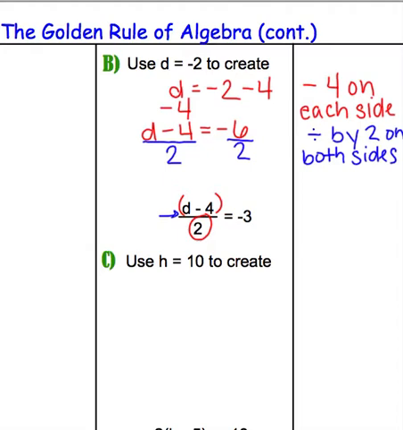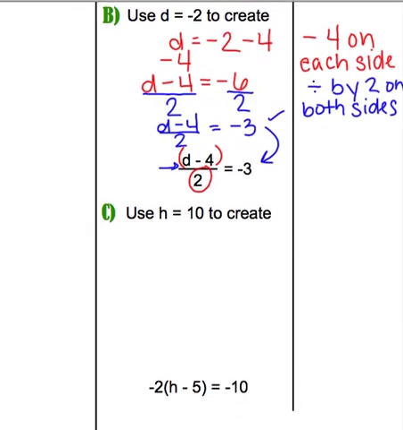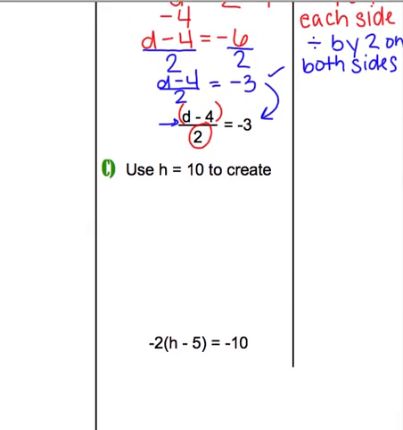D minus 4 all over 2 I cannot do anything with, so I'm just going to rewrite that. And -6 divided by 2 is -3, which if we look right here, I've got that exact same equation. So I'm going to put a little check mark, letting myself know that I have done what I needed to do. So now, let's take a look at this next example.